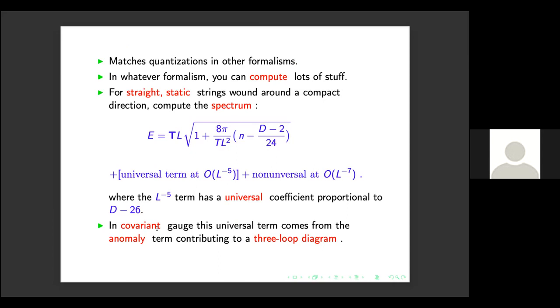In whatever formalism, you can compute lots of stuff. For straight static strings wound around a compact direction, you can compute the spectrum, which has a simple semi-classical form up to 2-loop order. Then at 3-loop order, there's an interesting universal term contributed by the anomaly term. And then there are some non-universal terms depending on adjustable Wilson coefficients at the next order after that.